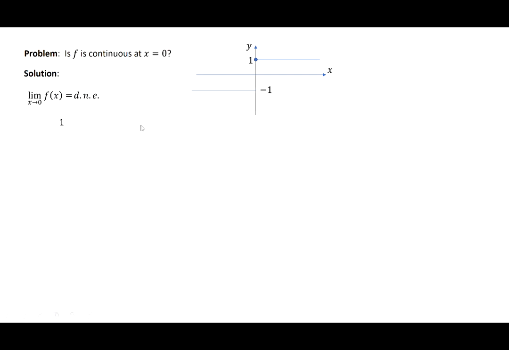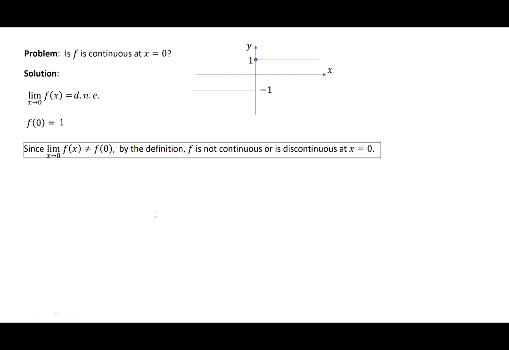Cool. What is f of 0 then? F of 0, since I put a solid dot there, f of 0 is 1. Okay. Now, is the limit equal to the function's value? Nope, it's not. So this is discontinuous. As simple as that.